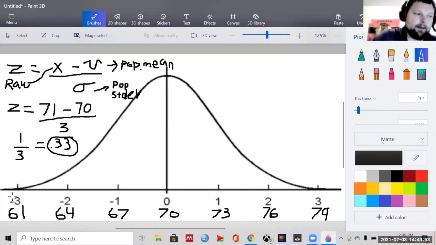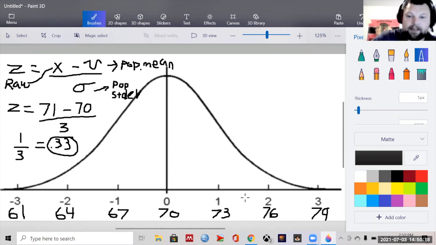So a z-score that is 3 standard deviations below the mean, our standard deviation is 3. 3 times 3 is 9. And since it's negative, it's below. Our mean is 70, which I placed right in the smack dab middle. So 70 minus 3 standard deviations of 3, or 9, is 61.